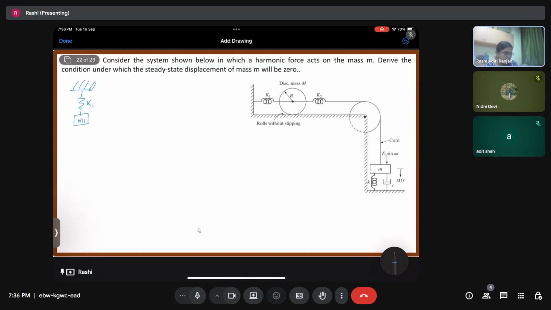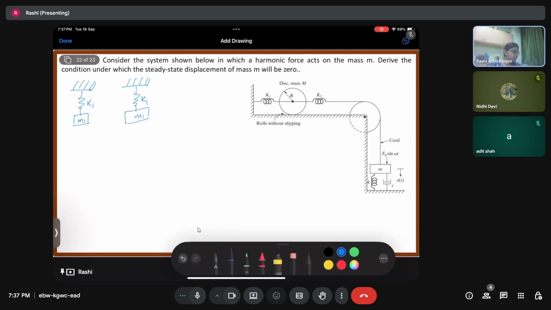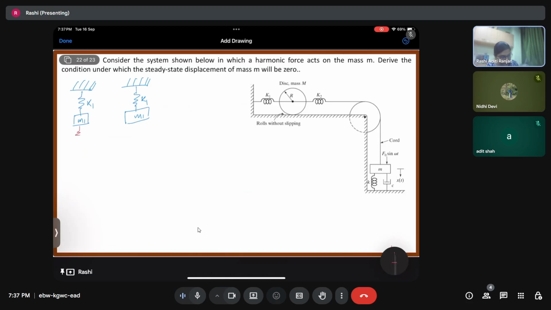M1 and K1, and then I'll make another just to differentiate. So in the first case, what were we doing? We were attaching another spring, mass M2 and stiffness K2. This is what we were doing for the case of the undamped vibration absorber.